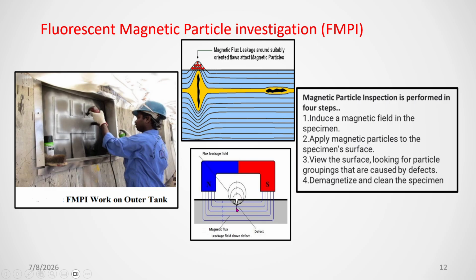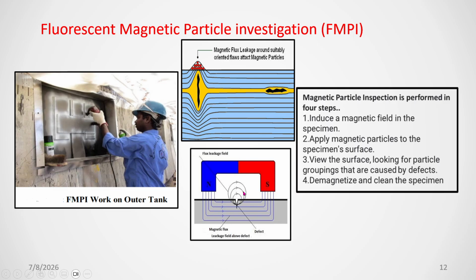If there is any crack, due to this discontinuity the particles will come here, the flux will come here, and you will come to know that there is a leakage. So induce a magnetic field, apply magnetic particles to the surface, and view the surface, looking for particle grouping.